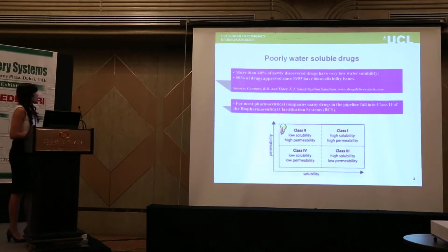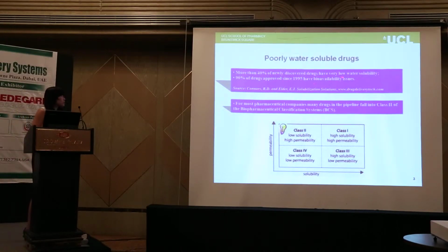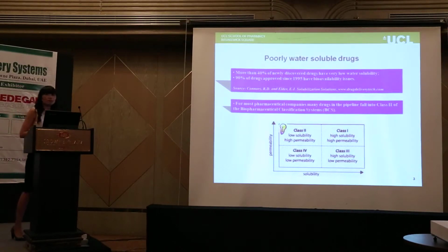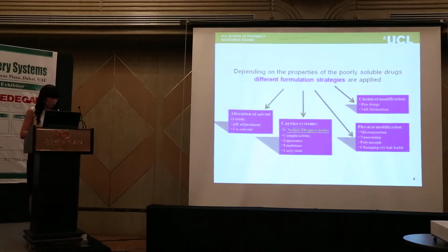It has been reported that more than 40% of newly discovered drugs have very poor solubility, and 90% of drugs approved since 1995 have bioavailability issues. Furthermore, for most pharmaceutical companies, many drugs in the pipeline fall into class 2 of the BCS system. I think everyone is aware of the BCS system, so I'm not going to address that too much.